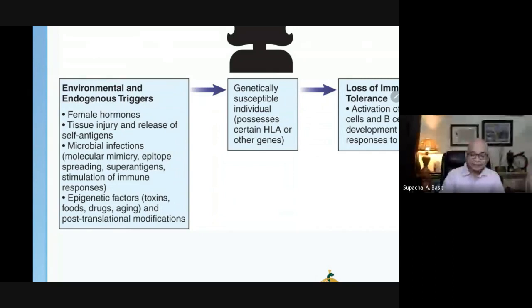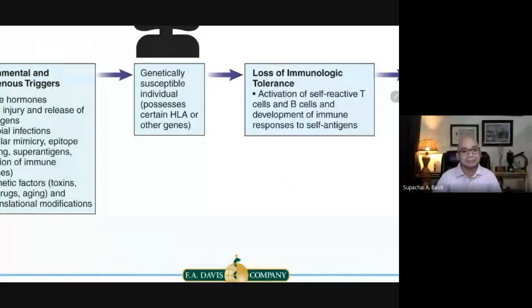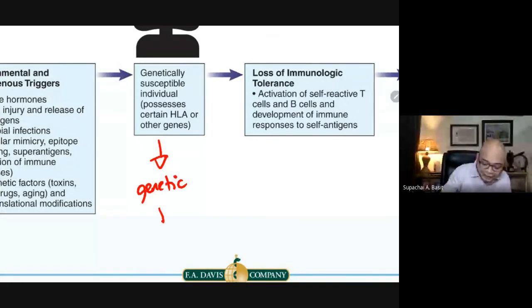Now, the thing is, inheritance of certain genes makes some individuals more susceptible to a particular autoimmune disease as compared to other individuals who do not have that particular kind of genes. So this particular characteristic is what we call genetic predisposition.